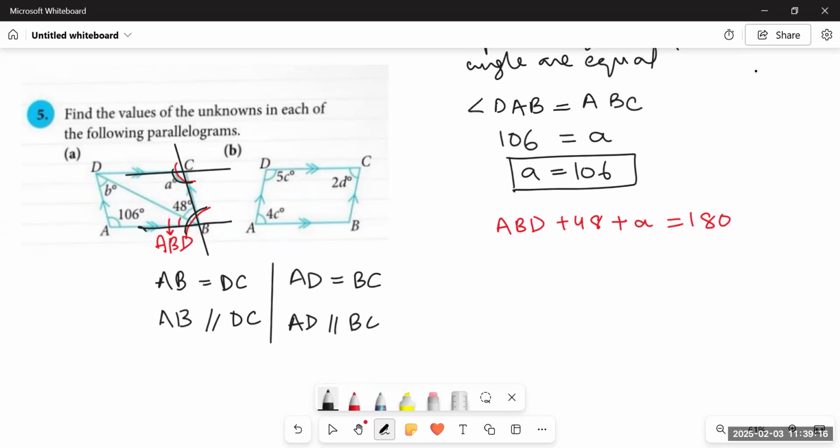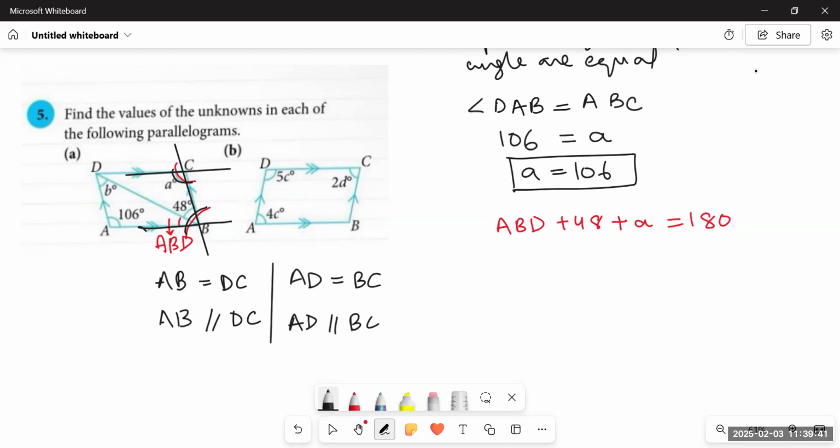And we can see that there are three angles, angle A, 48 degrees, and angle ABD. Their sum would be 180 degrees. Remember this. We will use this property in trapeziums as well. Between the two parallel lines, any angles, two angles, three angles, four angles, would have a sum of 180 degrees, right?